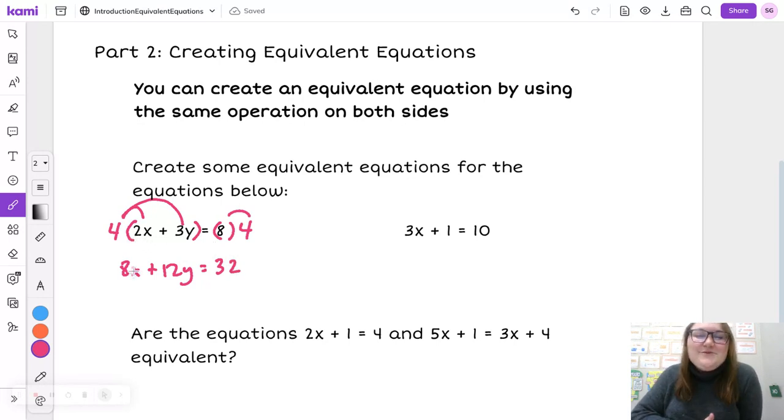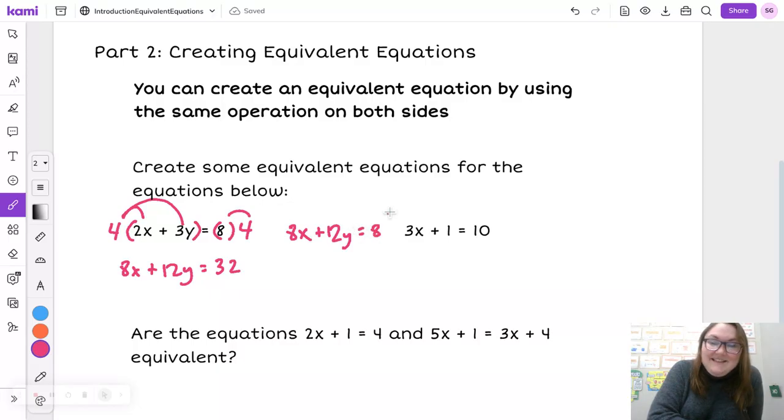They would have the same solutions, the same graphs, the same tables, the same everything, as long as you're doing the same math. Now, if I only multiplied 4 on one side, if I said 8x plus 12y equals 8, that's not equivalent because I'm not doing the same operation on both sides.